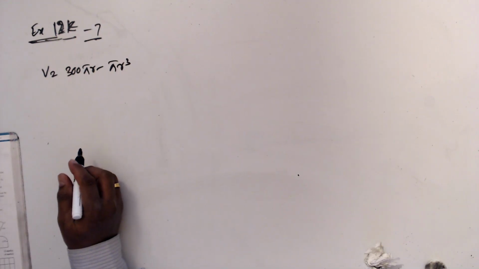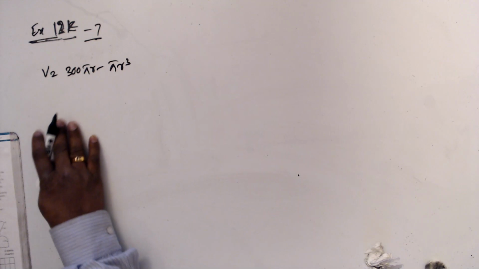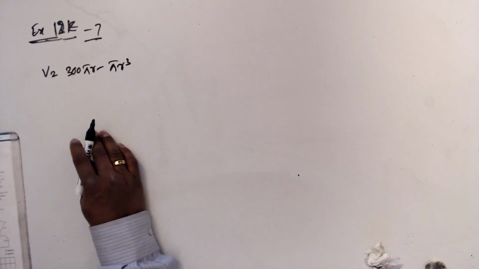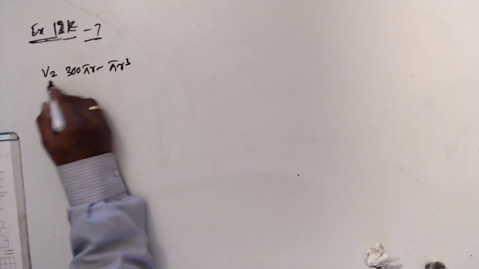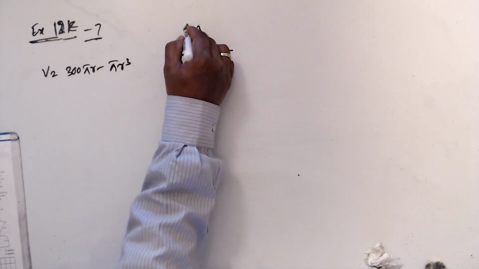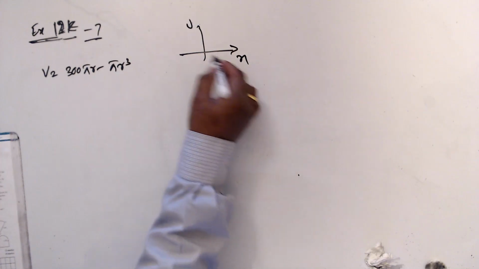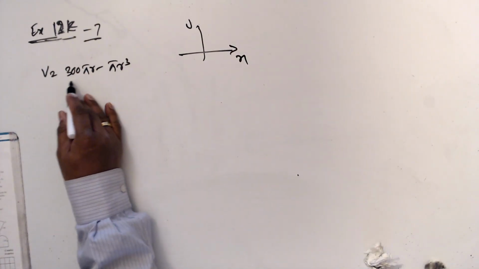The next part is to find the maximum volume of such a cylinder. So how do you find the maximum volume of such a cylinder? This is a curve, right? V and r. You can draw this curve.